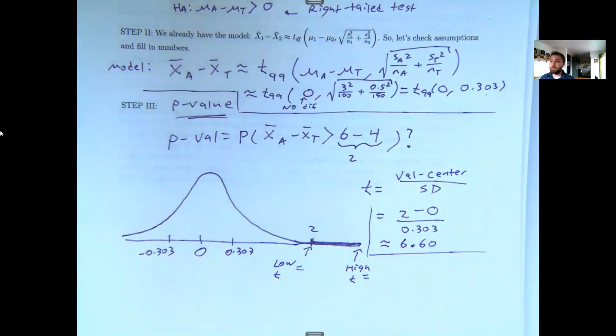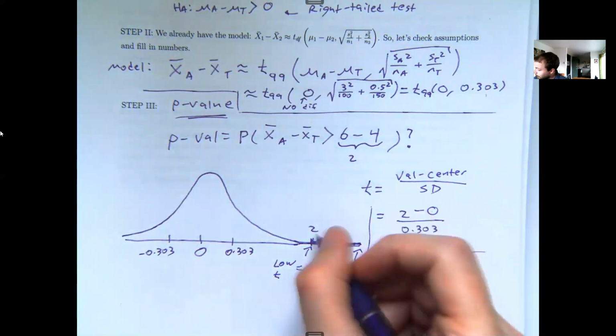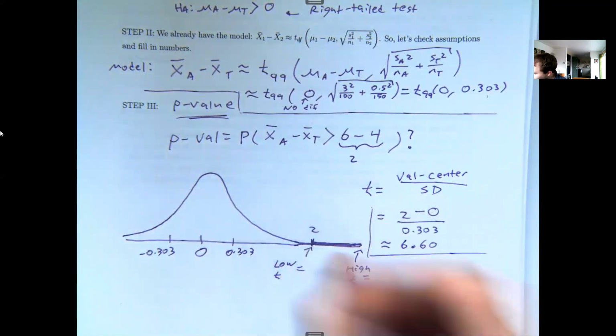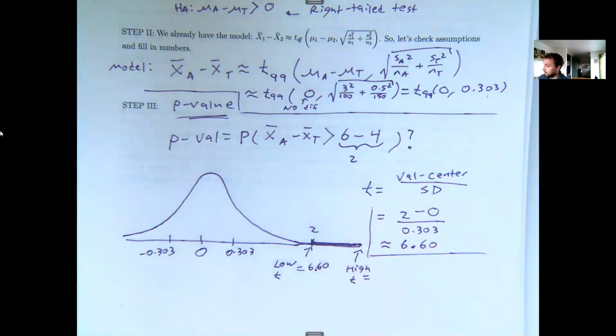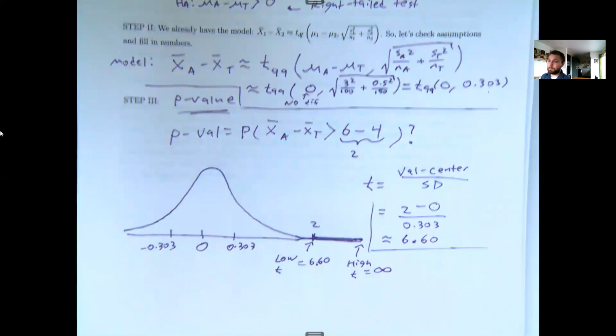This is highly unusual, to get a t-score this big. So this corresponded to a difference of 2. The t-score for that was 6.60. Now, I was shading to the right, and I kept shading forever in this direction. So the highest t-score of my shaded in region was infinity.